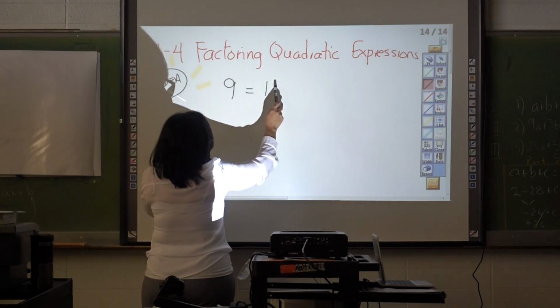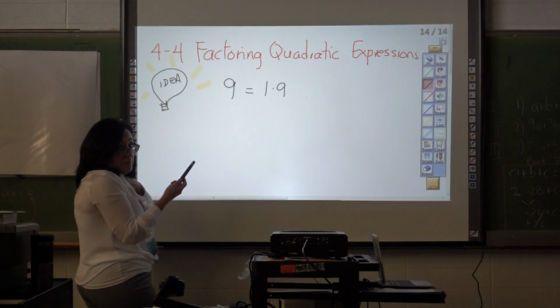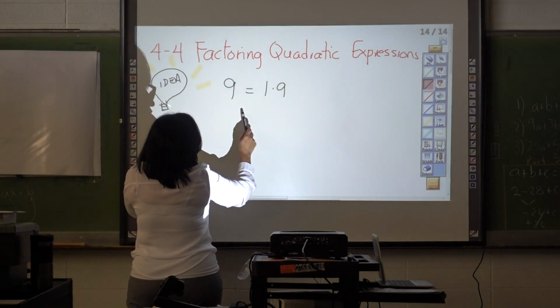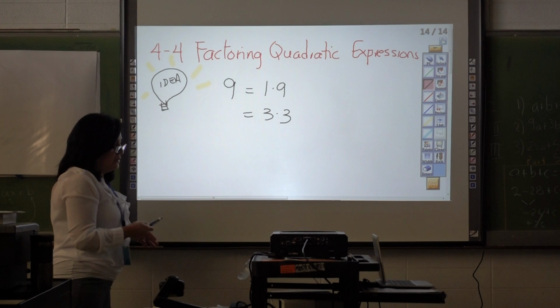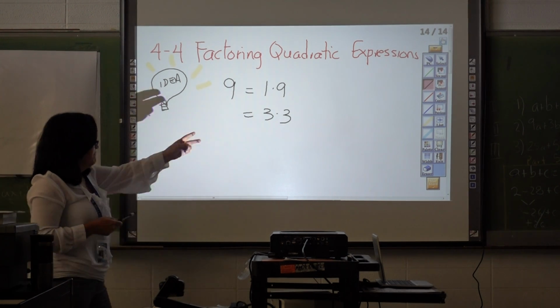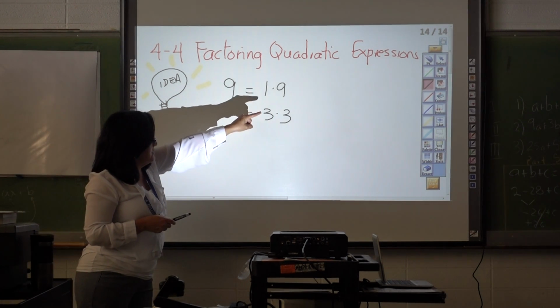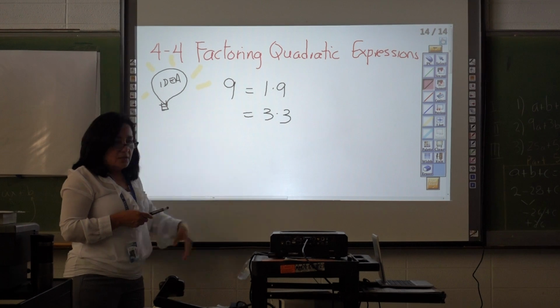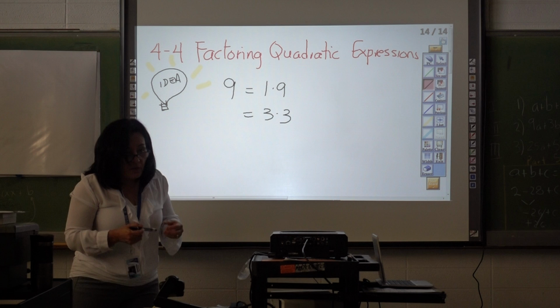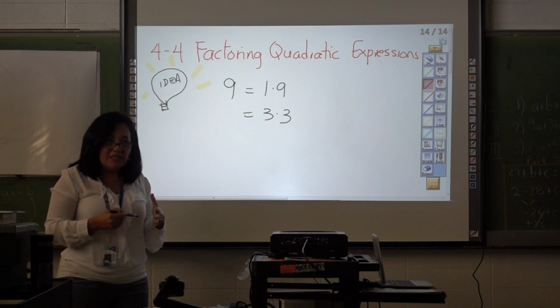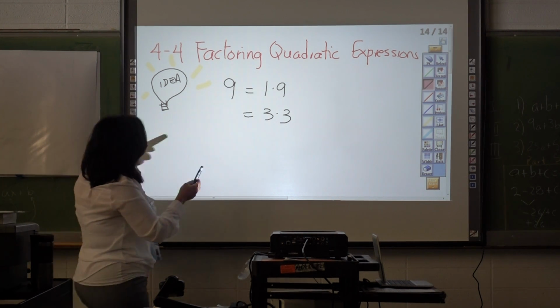We say 1 times 9, those are two factors of number 9. Or also it can be 3 times 3, right? Or 9 times 1. But these are factors of number 9. Well, now we're going to be factoring quadratic expressions. I think it's going to help.